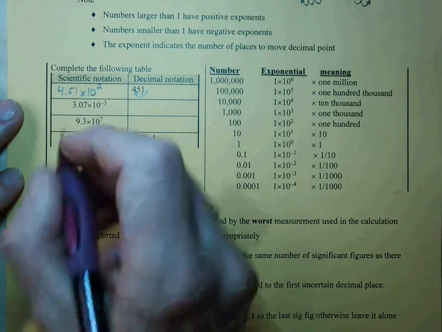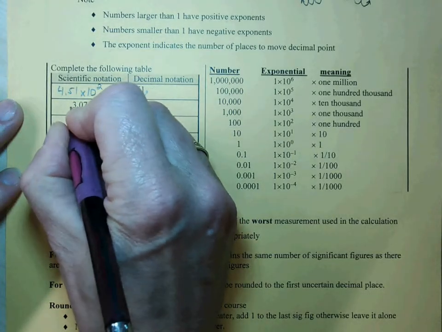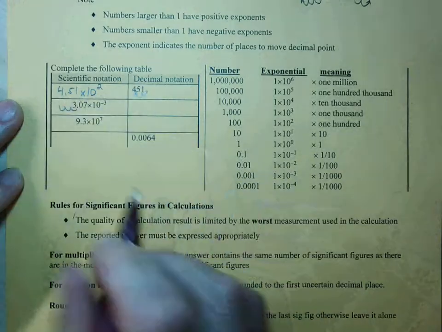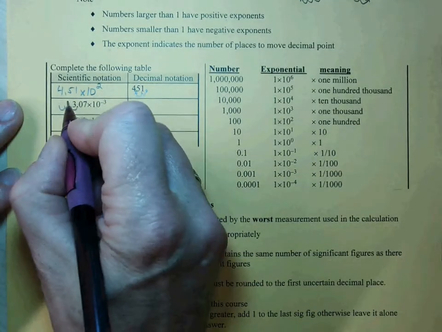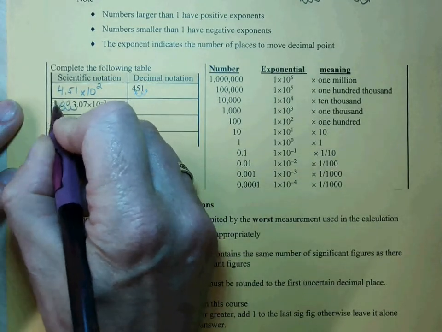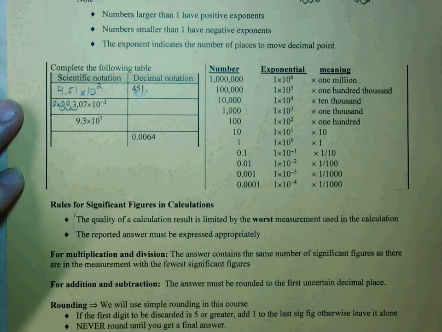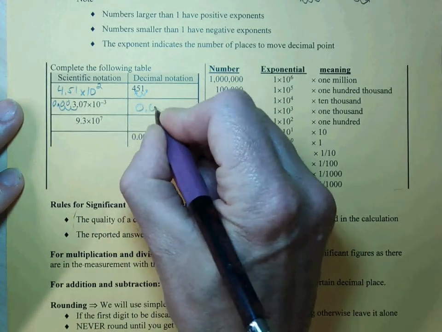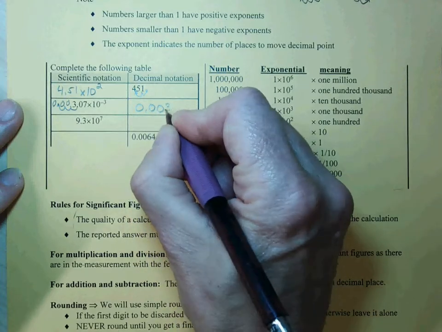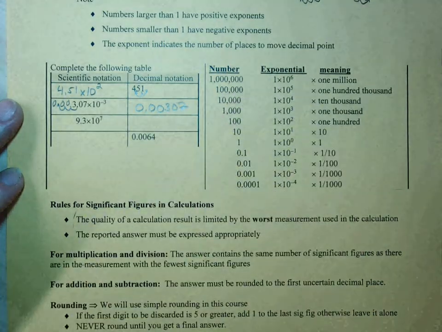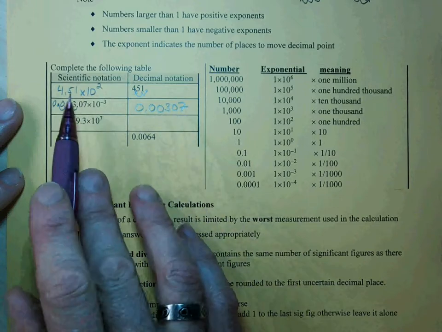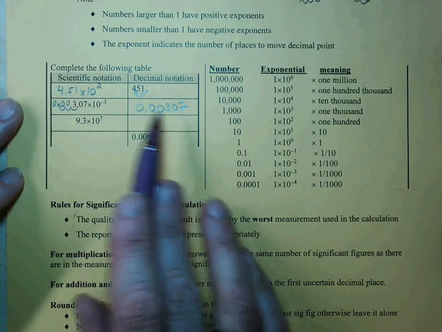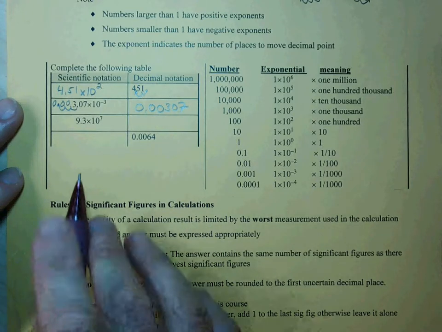The negative exponent means that we're going to have to move the decimal point in this other direction to get a number less than 1. So we're going to have to add some zeros here in order to make sense of this number. So the decimal number is 0.000307. And note, in each of these cases, I was careful to make sure that I preserved the significant figures when I did the conversion.